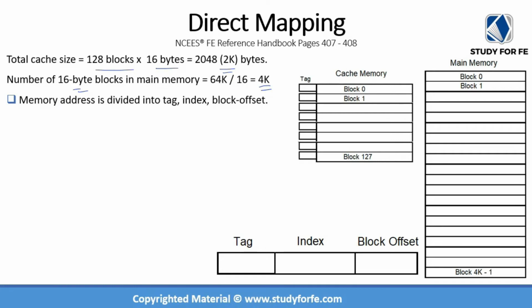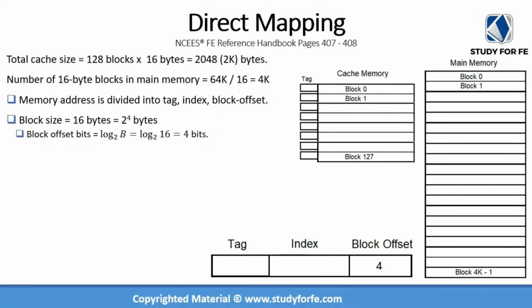Okay, so the memory address, as I explained to you previously, can be divided into 3 segments: the tag, the index, and the block offset. Okay, and we will calculate each one of these parameters or these bits for the cache memory address for the given scenario.